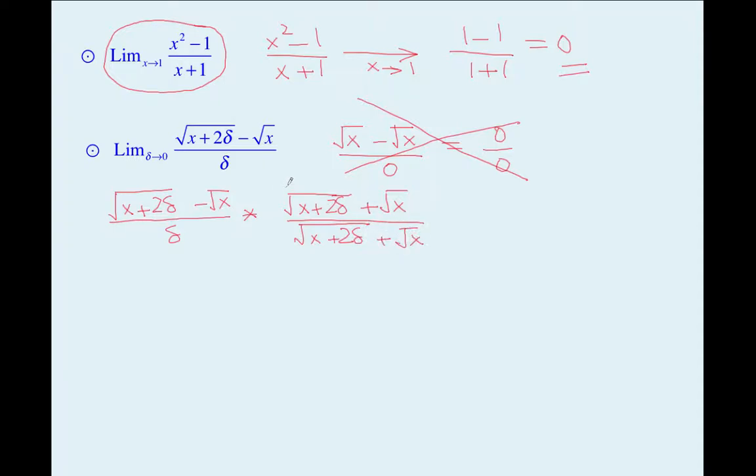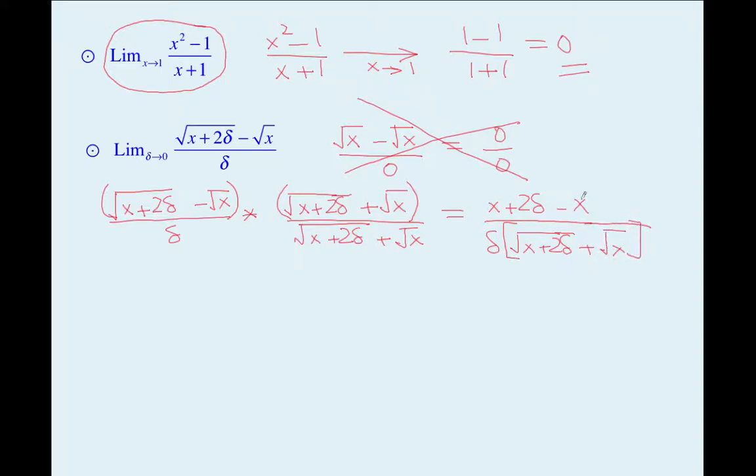And the reason I did that is because this is like a minus b into a plus b, and you know that's a squared minus b squared. In other words, over here it's x plus 2 delta minus x, and at the bottom I have delta into square root of the same thing, x plus 2 delta plus square root of x.